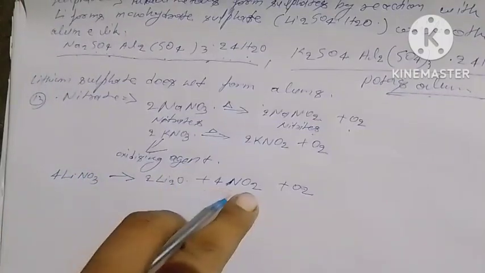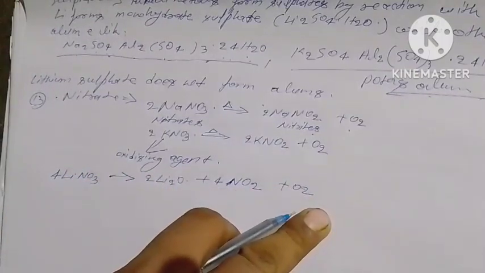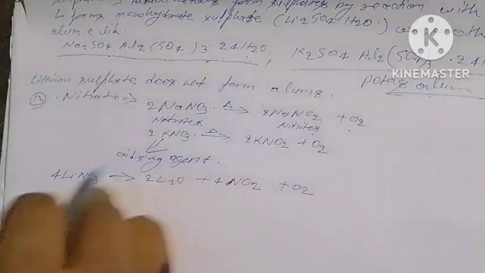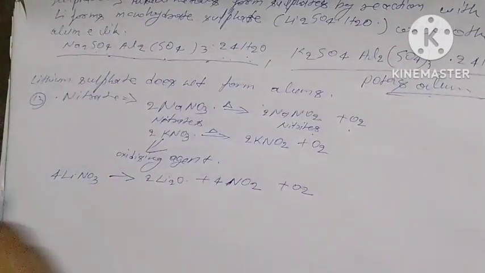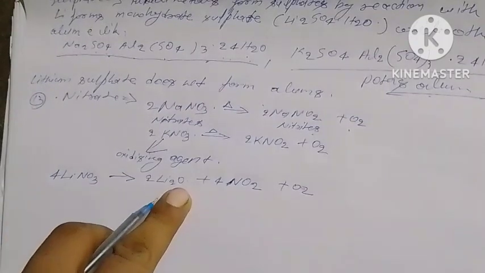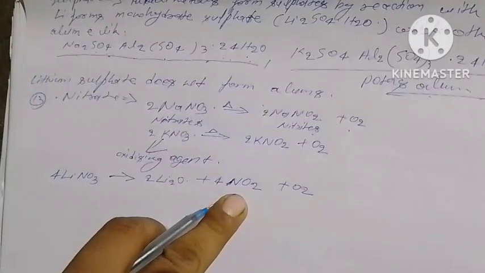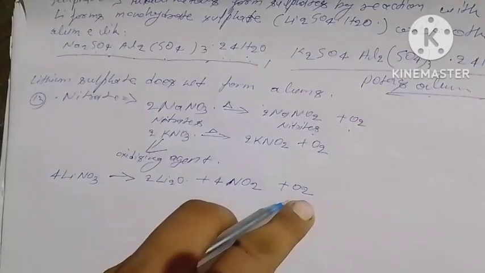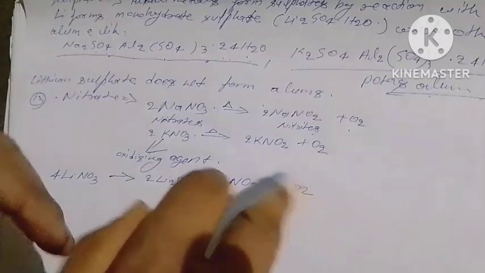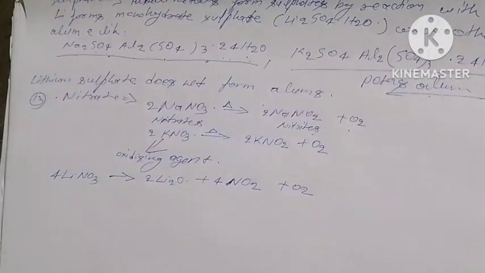This is nitrogen dioxide and this is oxygen. Lithium nitrate decomposes in a different manner, producing lithium oxide, nitrogen dioxide and oxygen.